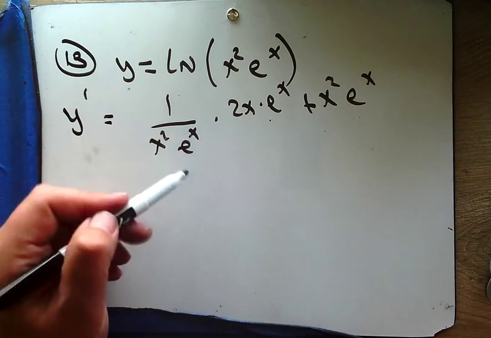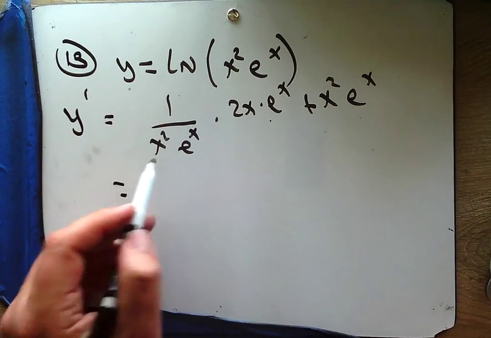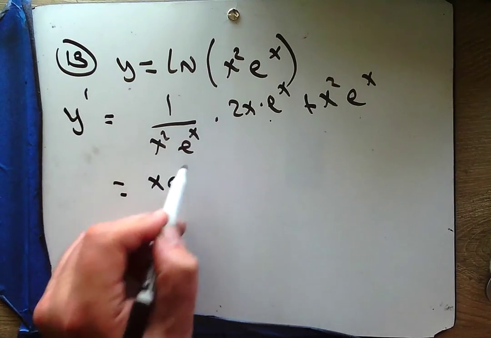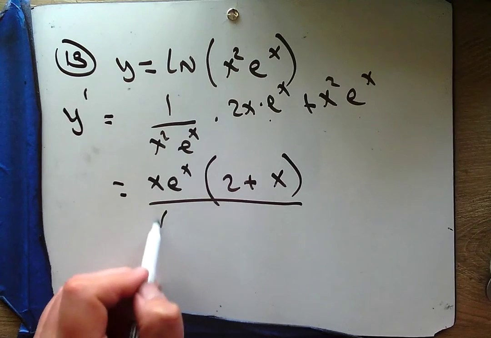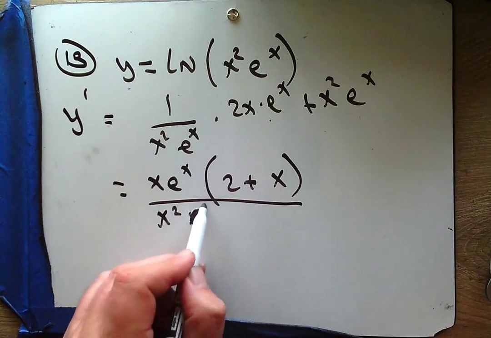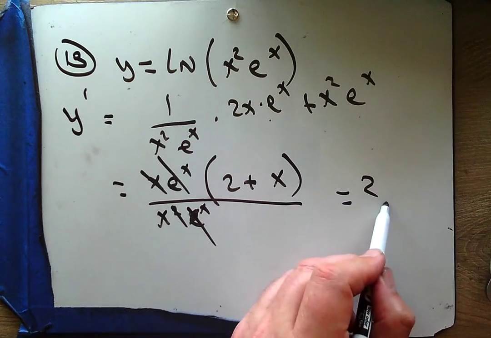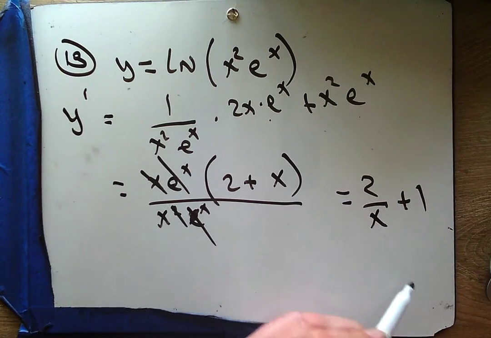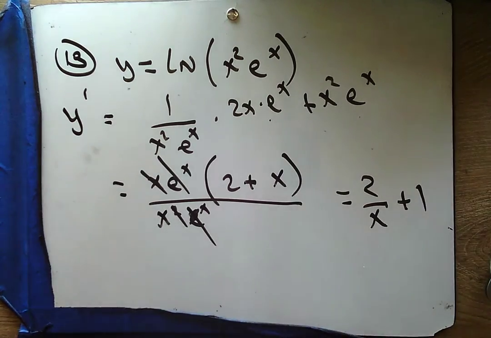Oh, there'd be some canceling then, wouldn't there? Huh, well, yeah, I can't help myself sometimes. x e to the x, leaving me with 2 plus x over x squared e to the x. These cancel, this cancels. I have 2 over x plus 1. Whoa, that's so tidy. I'm kind of glad I went down that road.